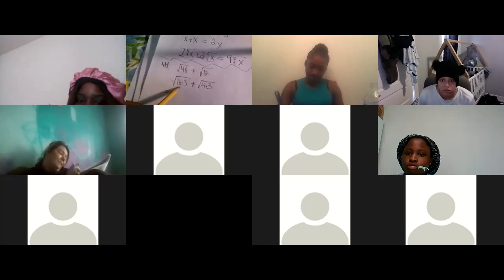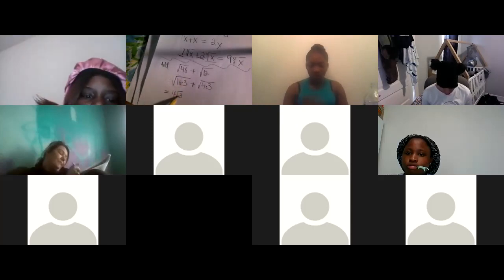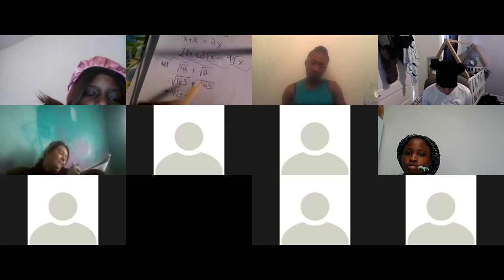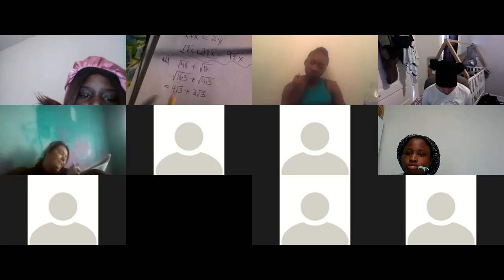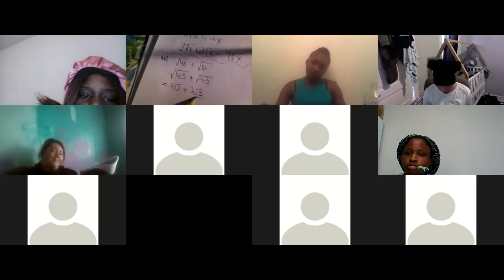So the square root of 16 is the number 4, and the square root of 3 stays in the radical, because that's not a perfect square. Plus, in this one, the perfect square is 4, and the square root of 4 is 2, so 2 will come out. This 3 is not a perfect square, so it stays in the radical. And now those are like radicals.